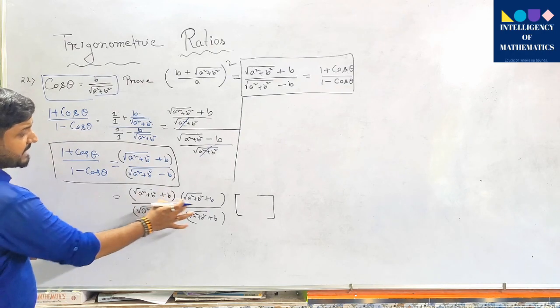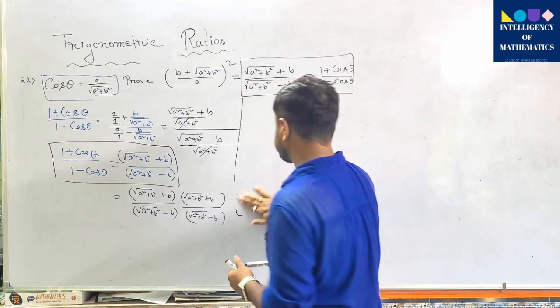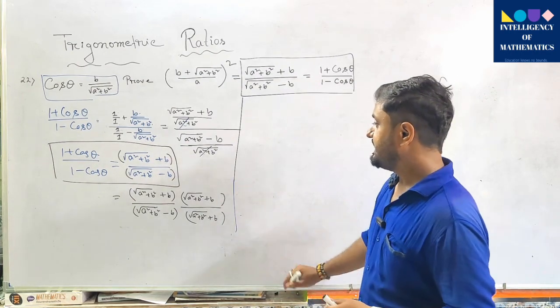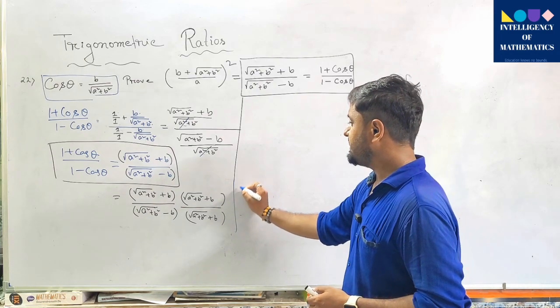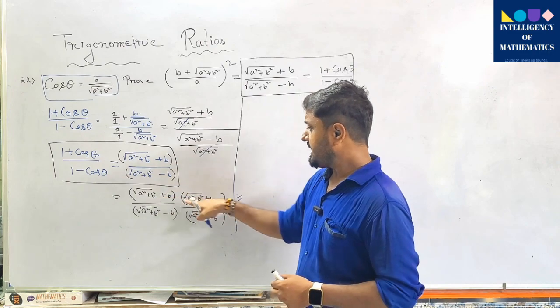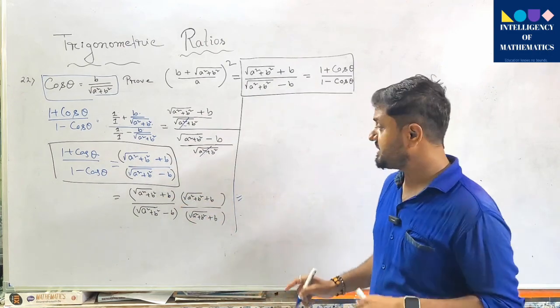Check, this term and this term are the same. So we'll be writing here the next step. This quantity and this quantity are the same, and two times the same quantity multiplication gives you the square of that quantity.